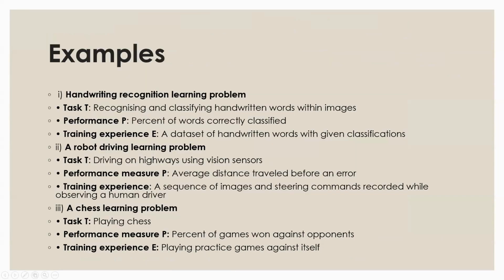In the handwriting example, when we recognize and classify handwritten words within images, we test it using the percent of words correctly classified, which comes from the testing data set. Then we get a response that, let's say, we get 95% accuracy or 99% accuracy, which means it is good enough.